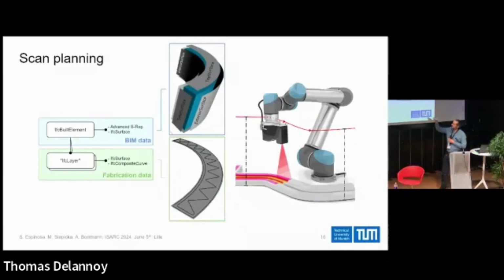And if we do that, we have the distance, depth information of the scanner directly to derive any deviation from the planned or as-designed surface. And we can see that as a deviation map or a heat map color code.